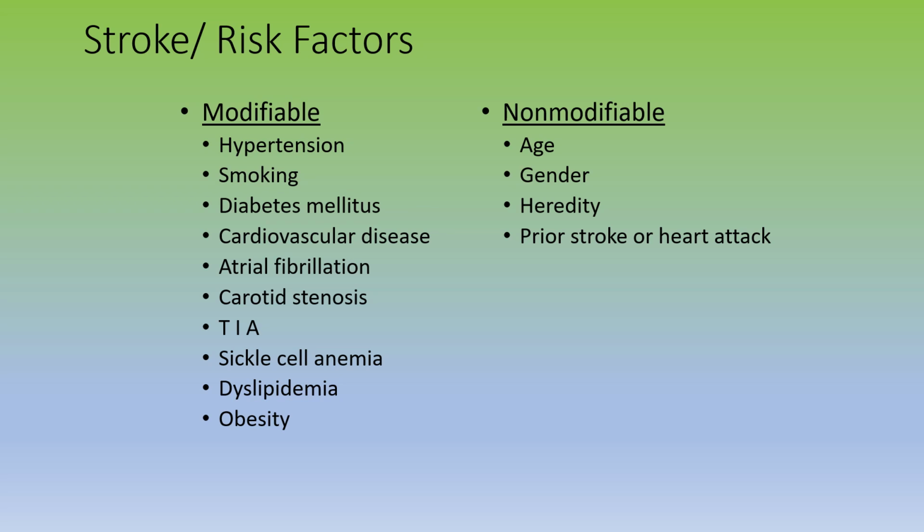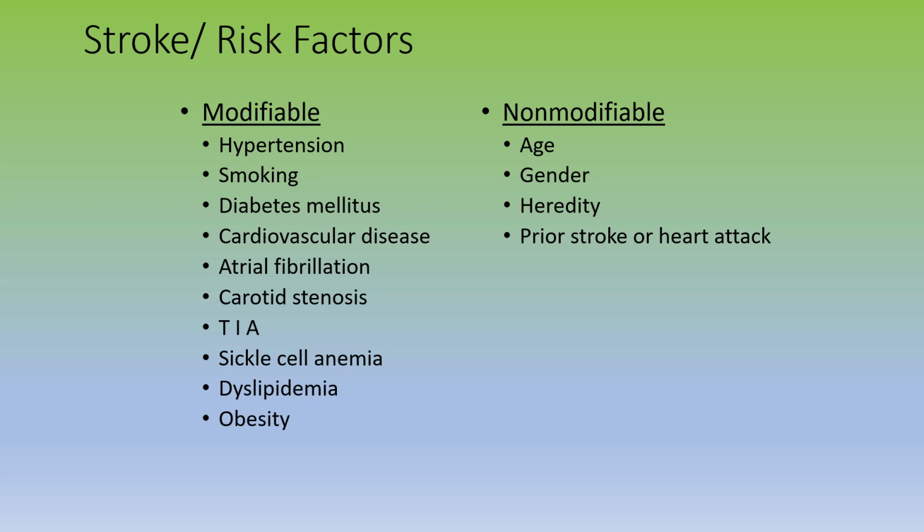You already have those risk factors. Modifiable risk factors are those that you could reduce by diet or medication, such as hypertension, smoking cessation, warfarin or anticoagulants for atrial fibrillation, carotid stenosis, or any other of those listed there under the modifiable.